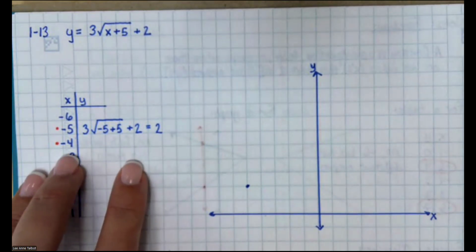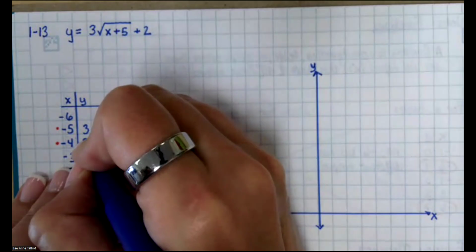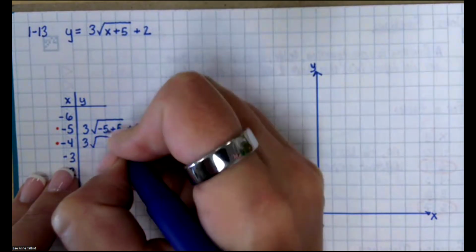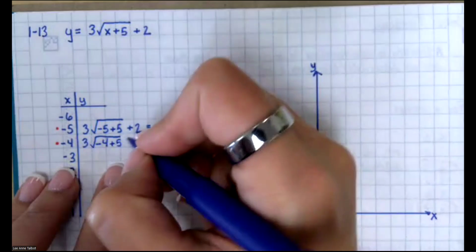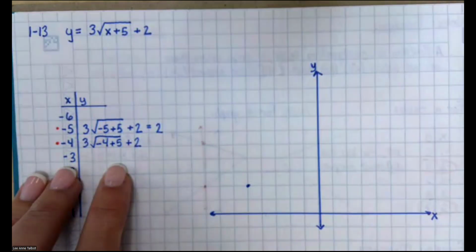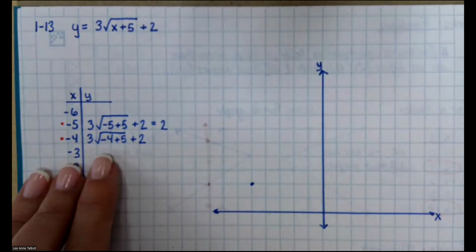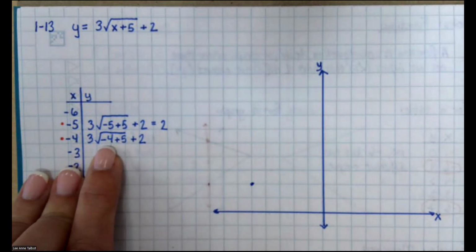Okay, now we're going to plug in -4. 3 times the square root of -4 plus 5 plus 2. Do you guys see what I did? I plugged in -4 for X. Okay.